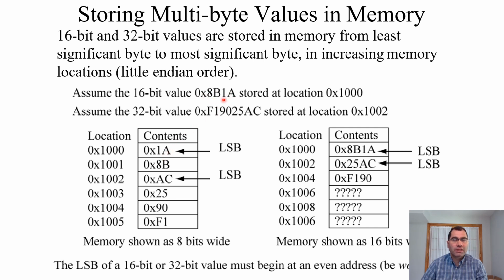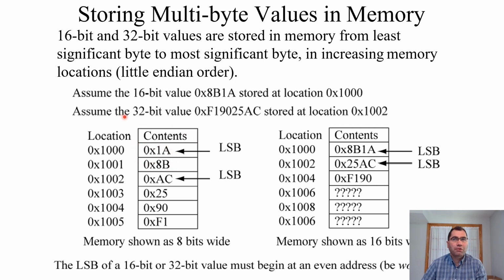This is in hexadecimal, so each digit represents 4 bits and 1A is 8 bits. We store 1A in this address location, and then we store 8B in the next memory location. That's how we store a 16-bit value.